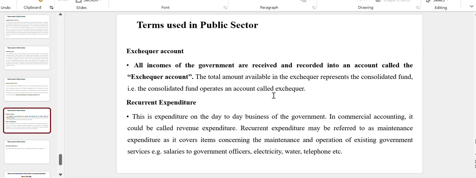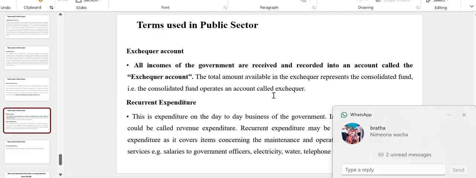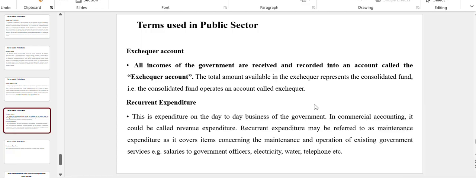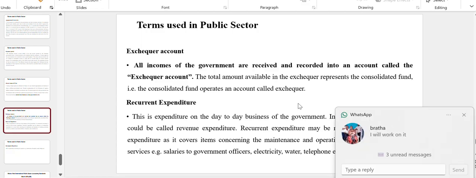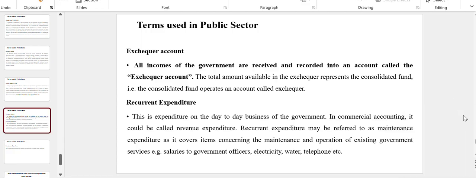And we have the exchequer. Exchequer is normally operated by the National Treasury. Consolidated fund is found in the central bank, but exchequer is normally governed and operated by the central bank. But what you need to know is that these two accounts are almost the same.